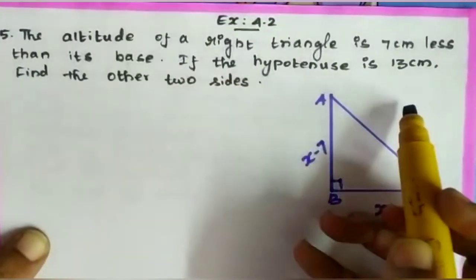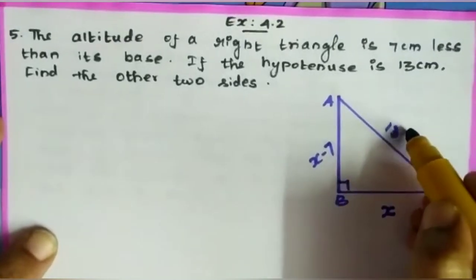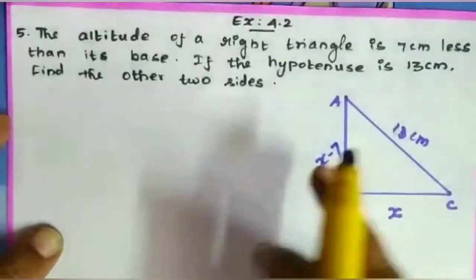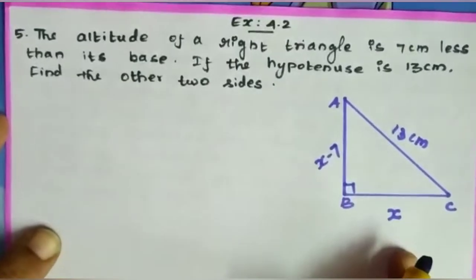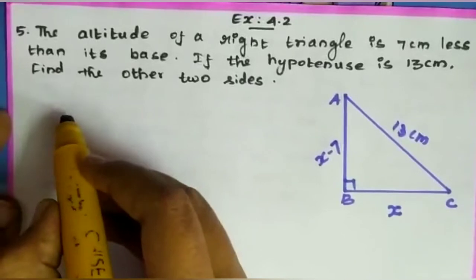If the hypotenuse is 13 centimeter, find the other two sides. We have to find these two sides. So the base we have taken as x.